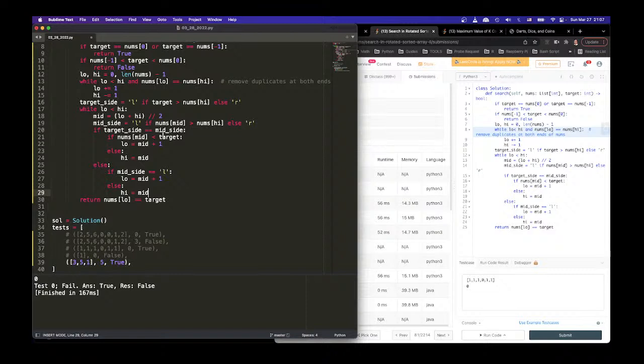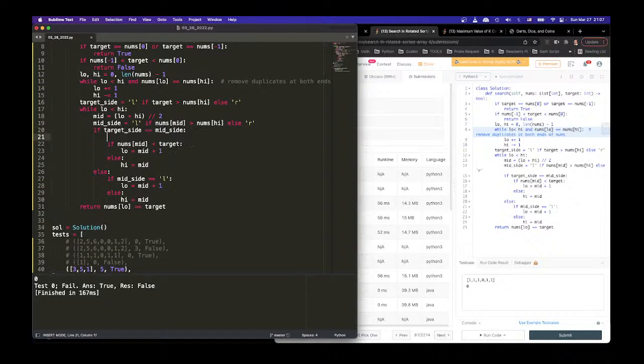Hold on. We had 3 and 5. And num's mid is 3. 3 is smaller than 5. Shouldn't low become high, which is 1? Mid is 1. Huh? I think the mid side is wrong.